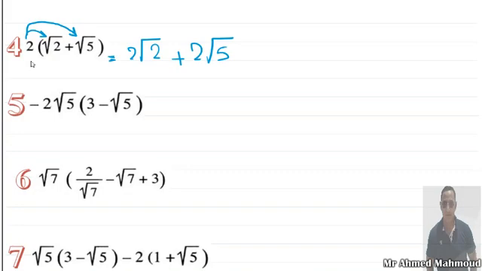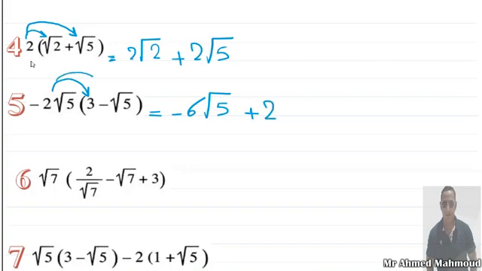The next one. Now I'm going to multiply negative 2 root 5 times 3. Negative 2 times 3 equals negative 6. I'm going to write down root 5 without change. The next one, here we have negative 1. Then negative 2 times negative 1 equals positive 2.